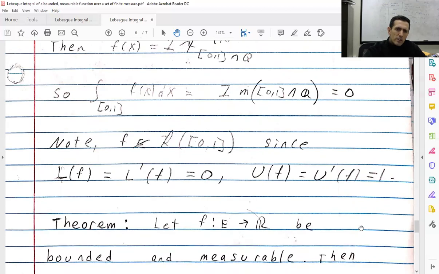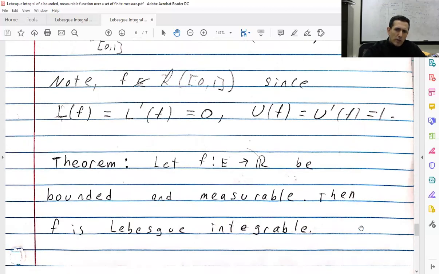Okay, so I want to end with a very important result that says basically any practical bounded measurable function, every bounded measurable function over a set of finite measure is going to be Lebesgue integrable.